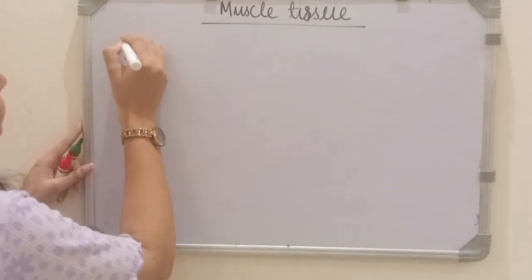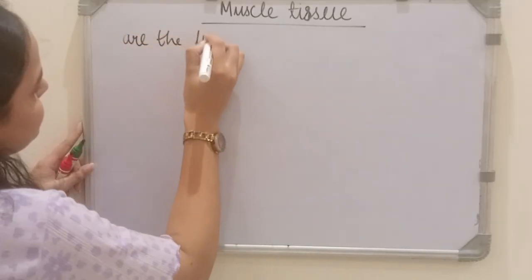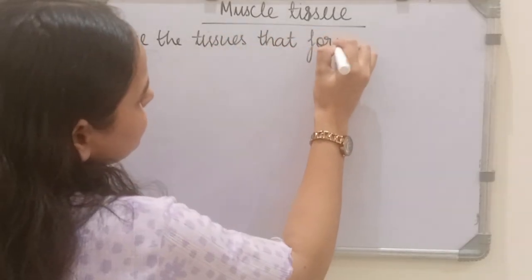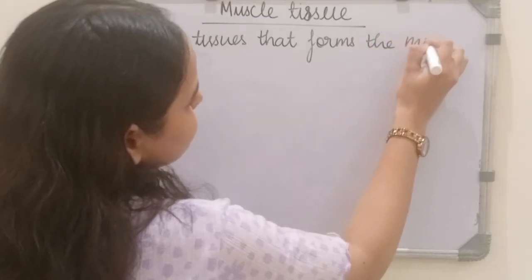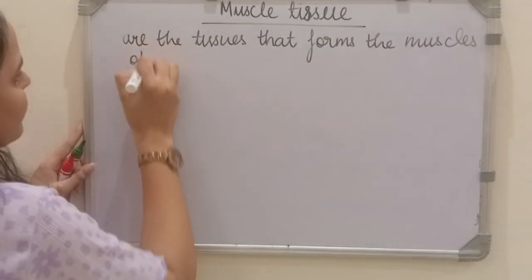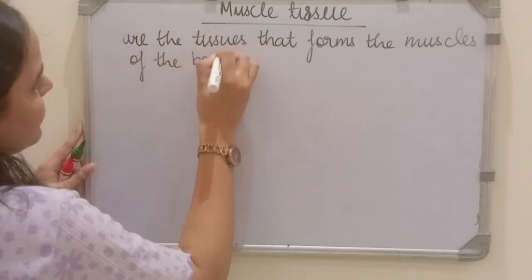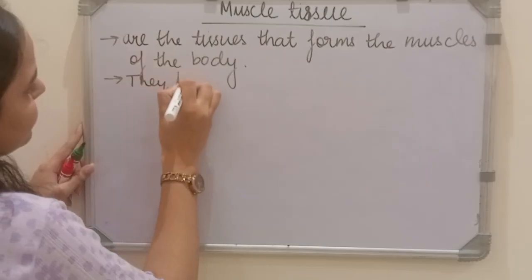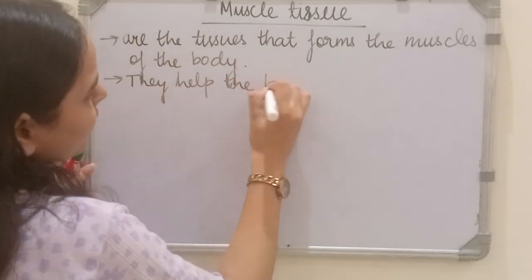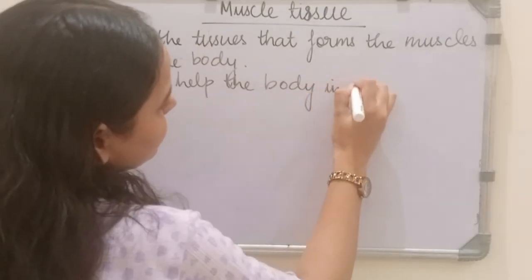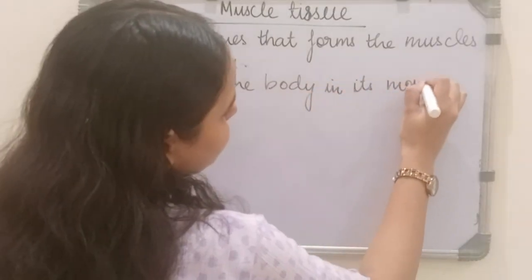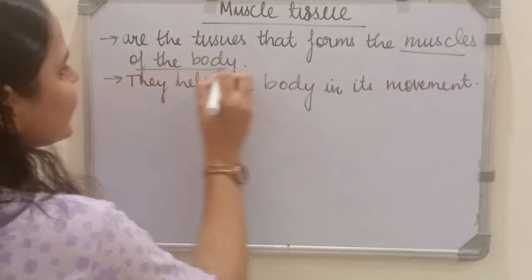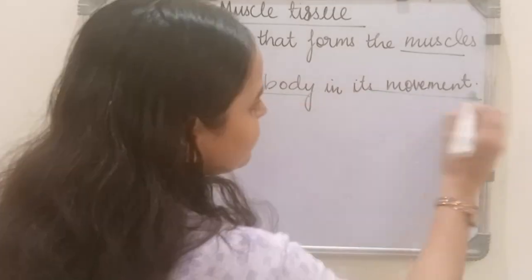Muscle tissues are the tissues that form the muscles of the body, and they help the body in its movement. So they form muscles of the body and they also help the body in its movement.